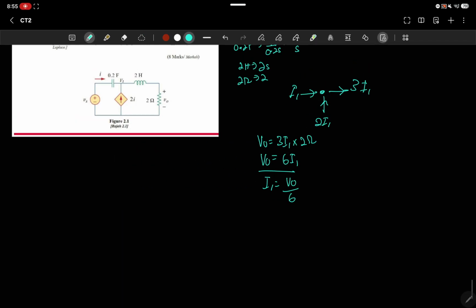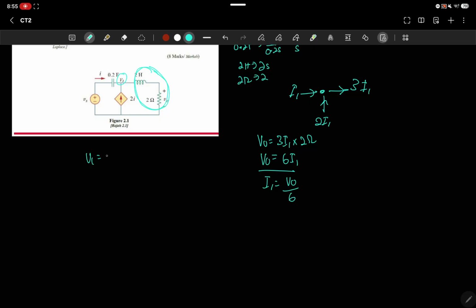Now we also know that V1 is equivalent to the voltage of these two resistance times by the current. So the voltage here is the same as this impedance or the total resistance here times by the current.